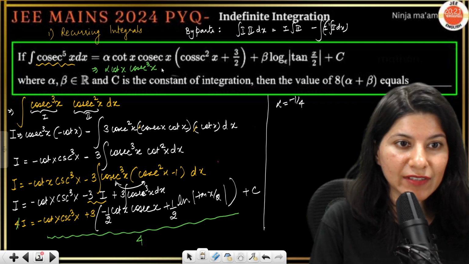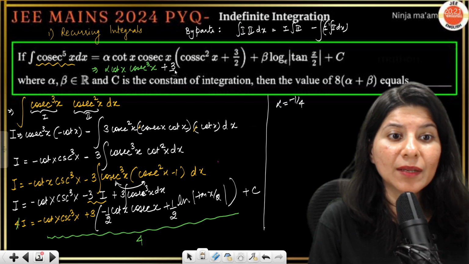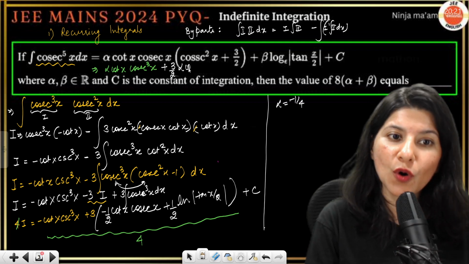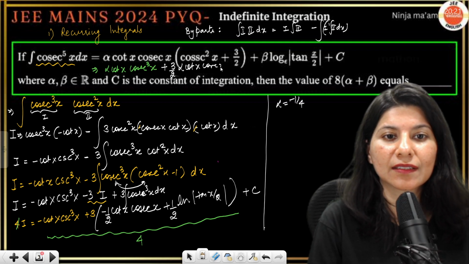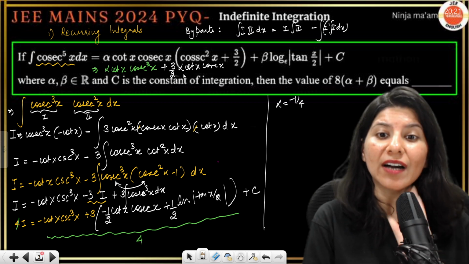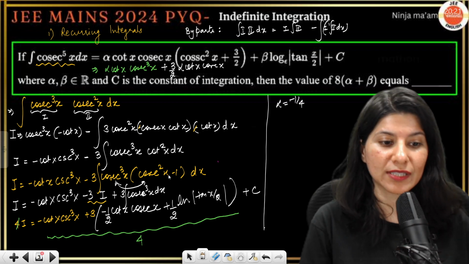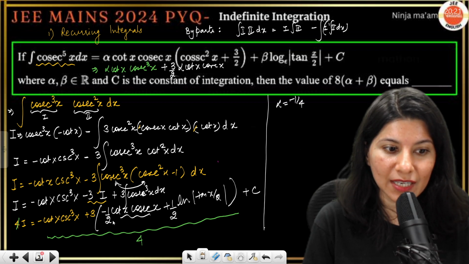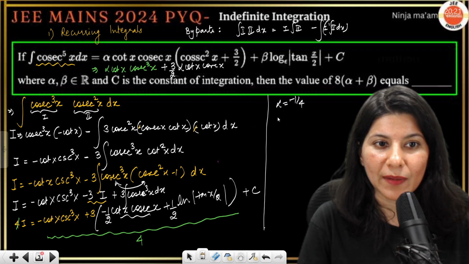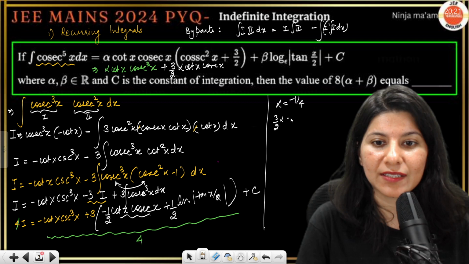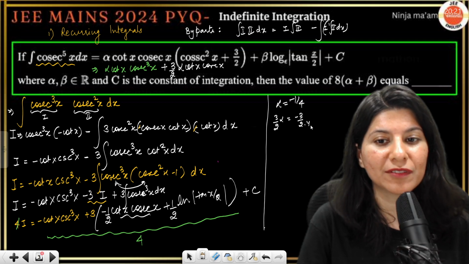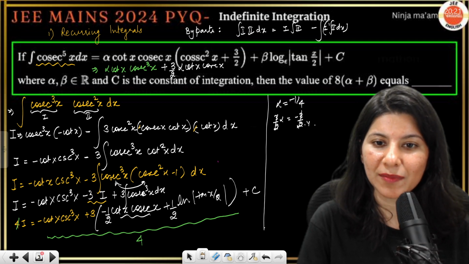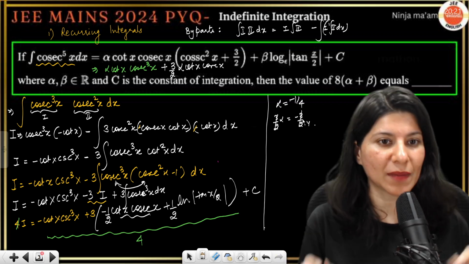Okay, then we are having plus 3 by 2 alpha cot x cosec x. So 3 by 2 alpha is the coefficient of cot cosec. So 3 by 2 alpha is equals to minus 3 by 2 upon 4. So clearly 3 by 2 gone again. Alpha is minus 1 by 4 matching.